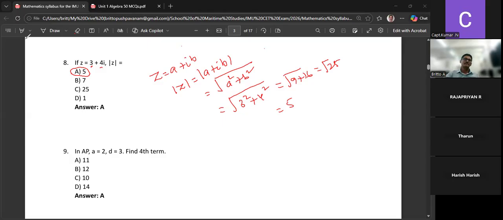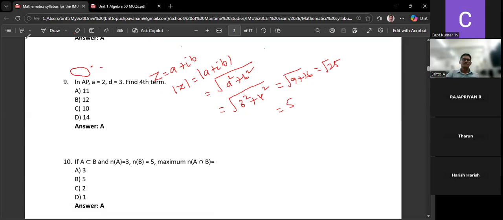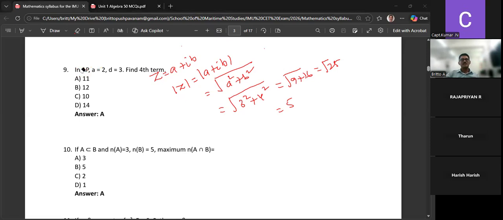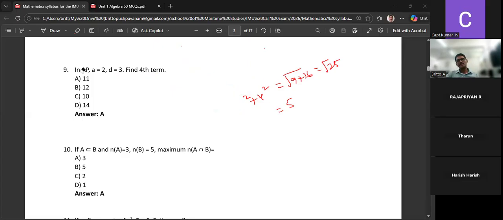Now for the next question, question number 9. It is a question from AP, arithmetic progression. You know what is arithmetic progression? I told you just now, 10 minutes back also, arithmetic progression in short form we call AP.